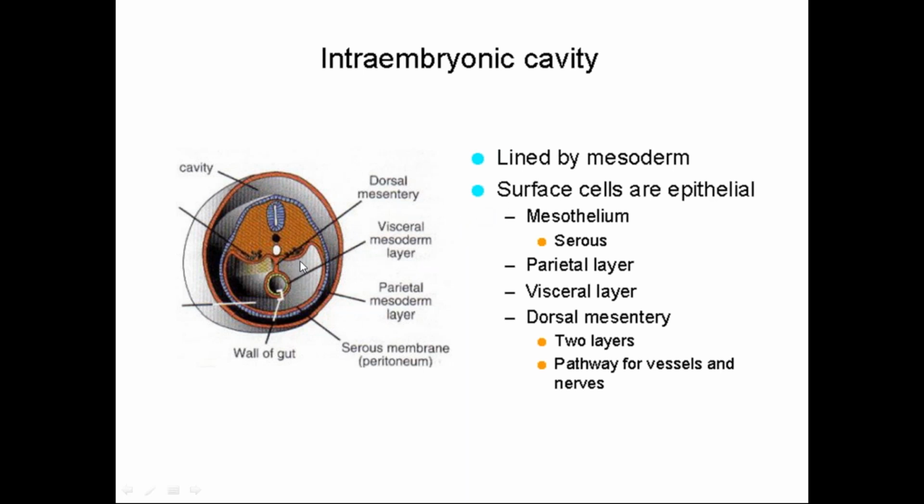This intraembryonic cavity is lined by mesoderm, which is called the somatic layer. The inner layer of this mesoderm forms mesothelium, which is serous, and the outer layer of the splanchnic is going to form the visceral layer of the mesoderm.